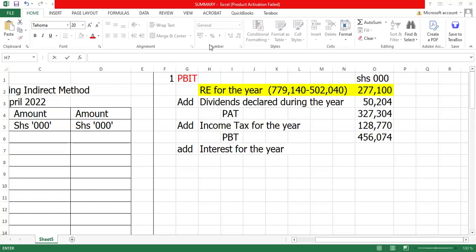What is the interest expense? The interest expenses for the year.